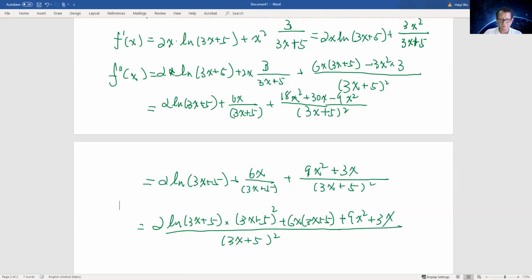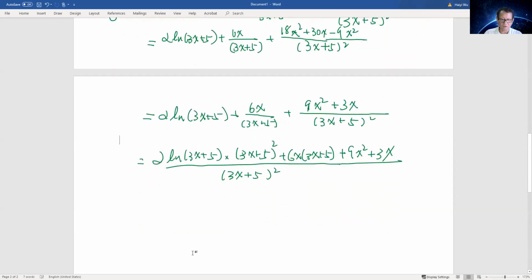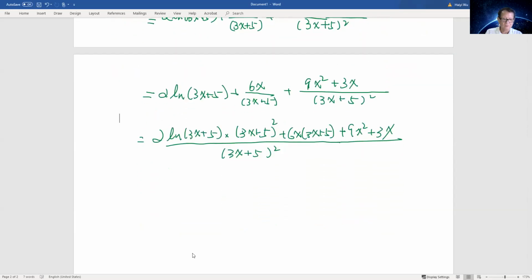All right, so that's a couple more steps to go. So we have a 3x plus 5 on the bottom. So I might put the 2 in the front.